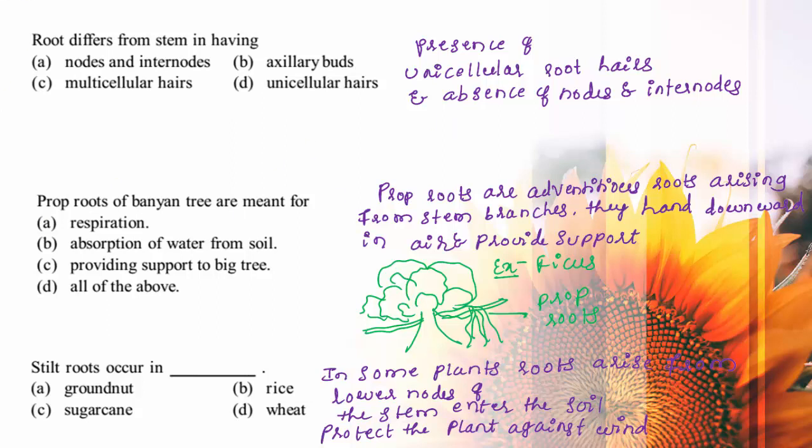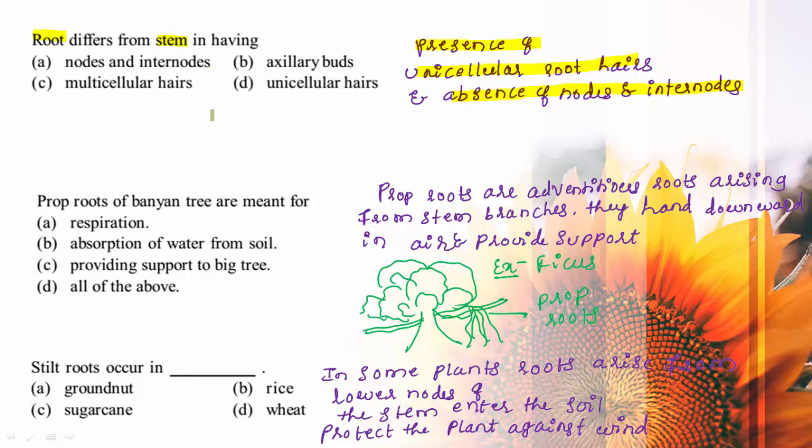unicellular root hairs. Yes, I got it. The presence of unicellular root hairs, absence of nodes and internodes. Both root and stem are the parts of angiospermic plant body.